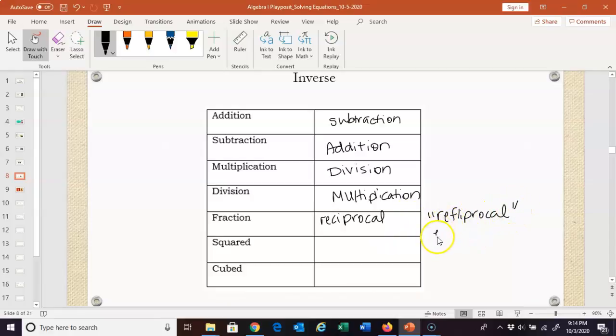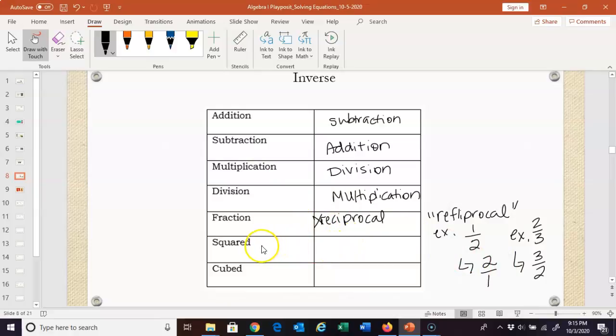So here's an example. If we have 1/2, the reciprocal of 1/2 is 2 over 1. All you do is flip it. Here's another example, 2/3. The reciprocal of 2/3 is 3 over 2. All we did was flip it. So whenever you have a fraction, to get rid of it, you multiply by the reciprocal.